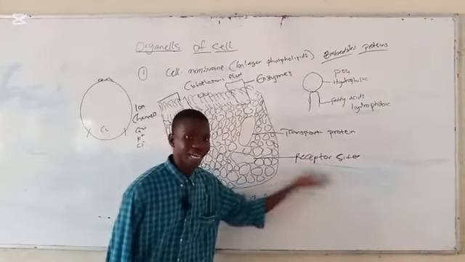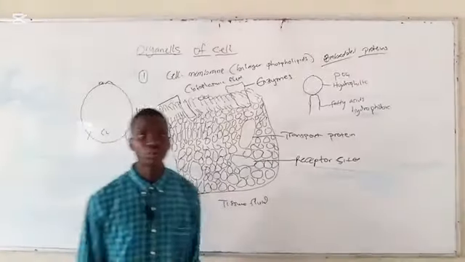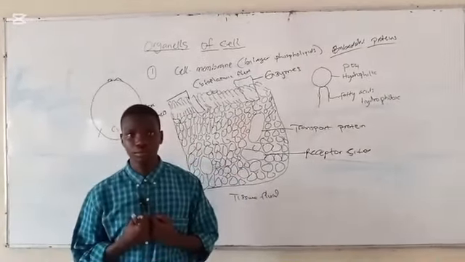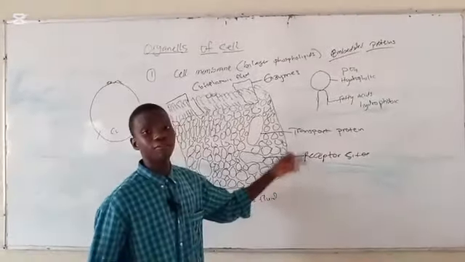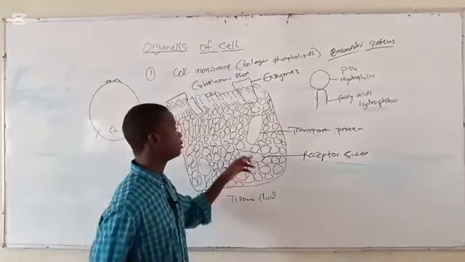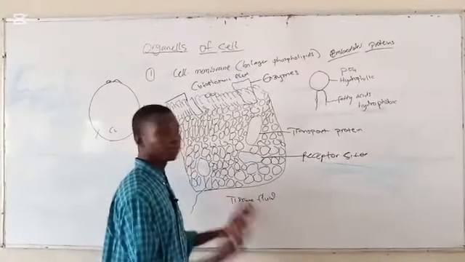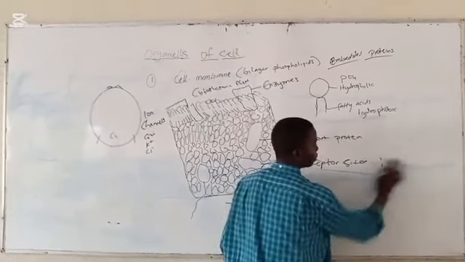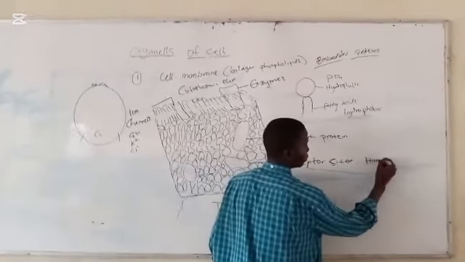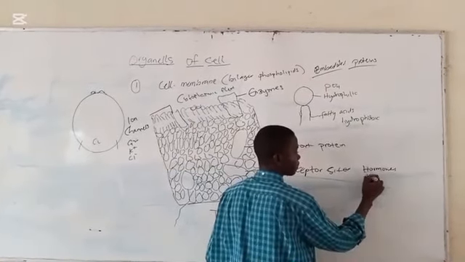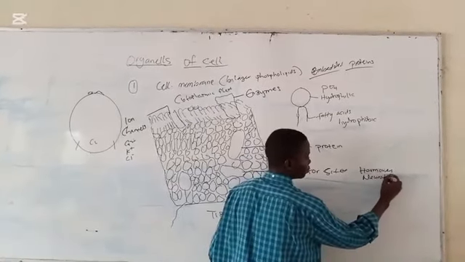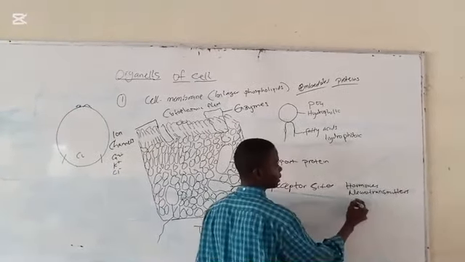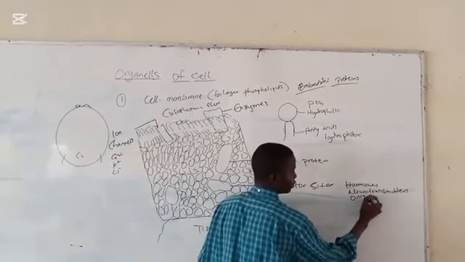The receptor sites, as the name suggests, are sites whereby molecules or certain things are received. Examples of things that the receptor site proteins receive for the cells are hormones, neurotransmitters, and drugs.